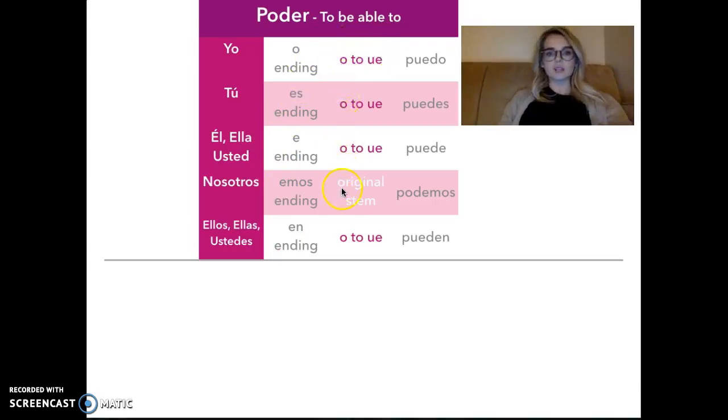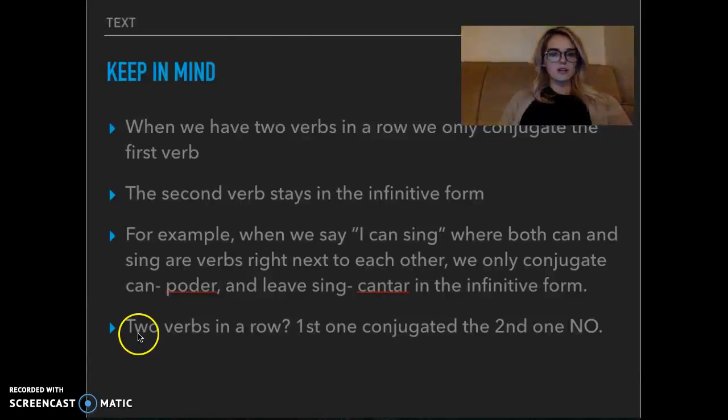But these O to UE endings and stem changes, you will want to have these written down, because those do get a little bit confusing with our poder verb. Next, we do want to have our sentence, two verbs in a row, first one conjugated, second one no. And if you need to give yourself a little bit of an explanation of what that is reminding you of in your notes, go ahead and do that, because it's not useful to look over notes if you're not remembering the scenario for which you wrote it down.